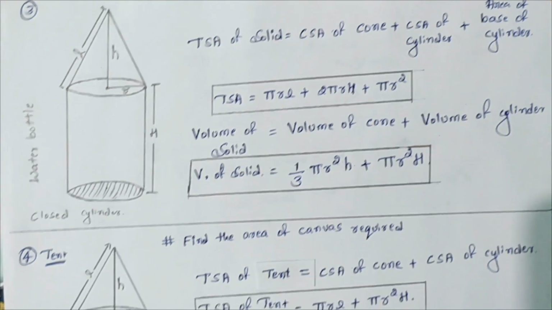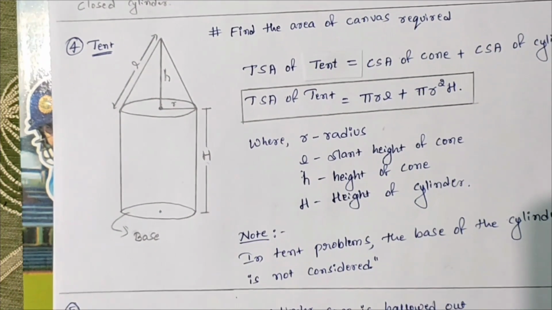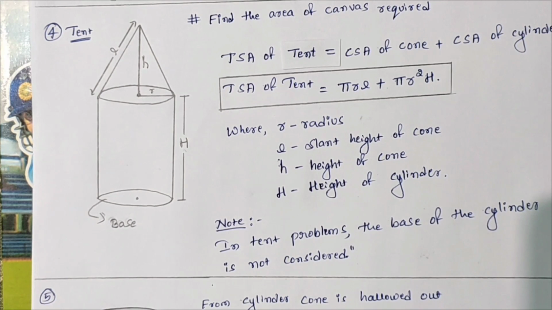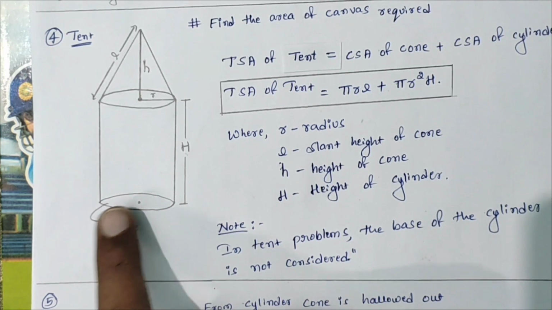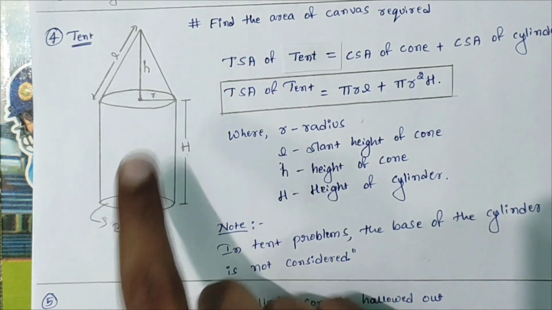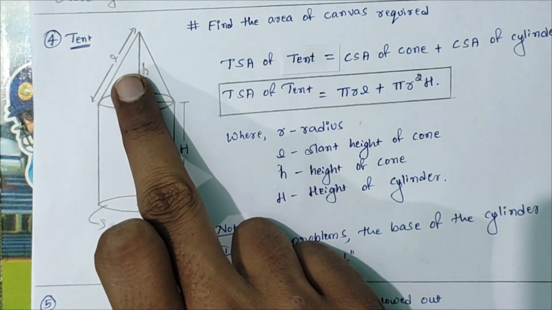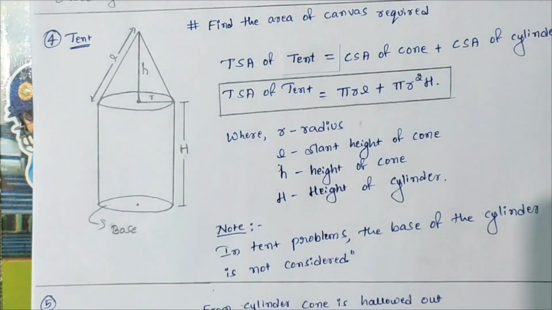Now when it comes to the 10th model, in the 10th model problems we are not considering the base, only we are considering the curved surface area of the cylinder and the curved surface area of the cone.